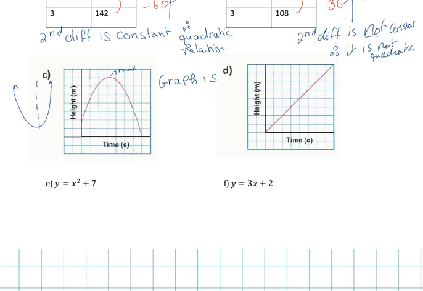And that's the shape of quadratics. So any quadratic function to the power of 2 is going to have the shape of a parabola, either opening up or opening down. Okay? So the graph is a parabola. Therefore, it's quadratic.